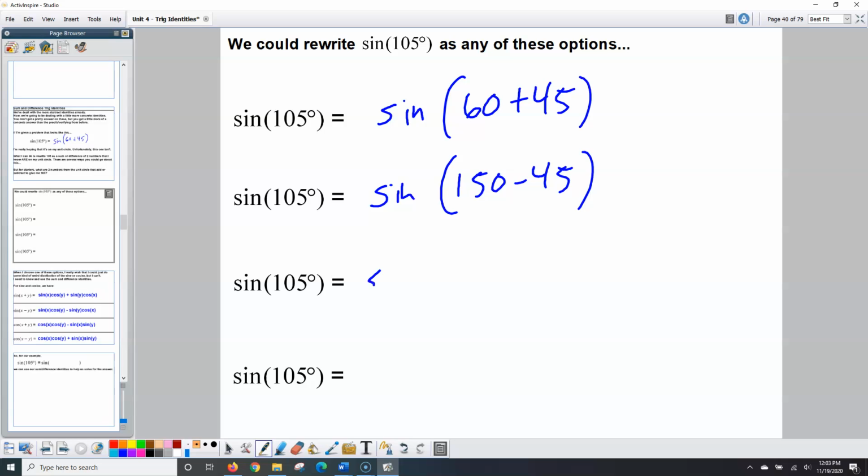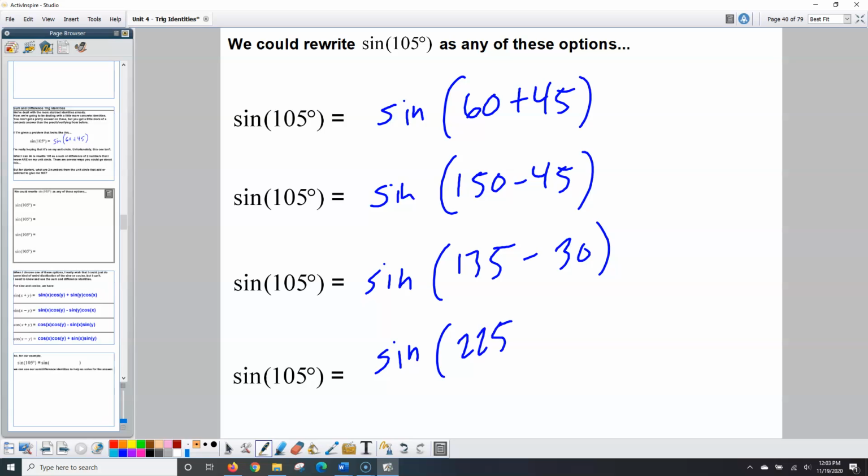You could do sine of 135 minus 30. And sine of 225 minus 120. I think all those are right. Those all give you 105. So any of those would work.